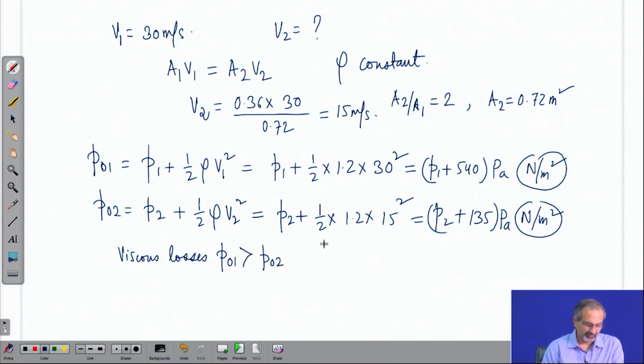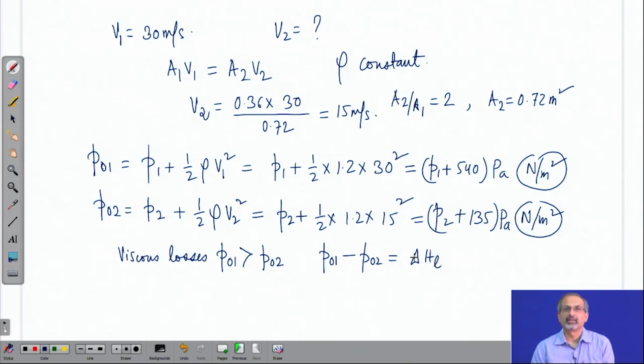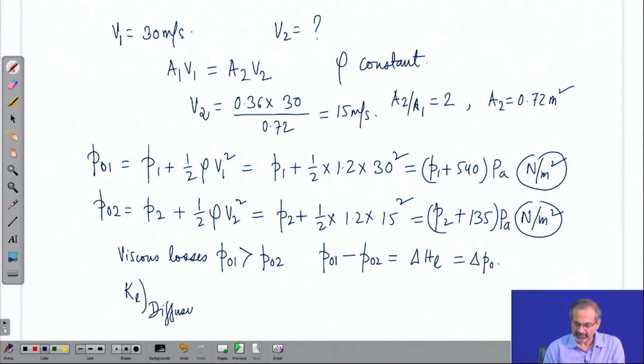So, when you find out the difference, P naught 1 minus P naught 2 will be the drop in stagnation pressure across the component. So, finally, when it comes to the KL for the diffuser, what will be the expression for it? Let us plug in the expressions.